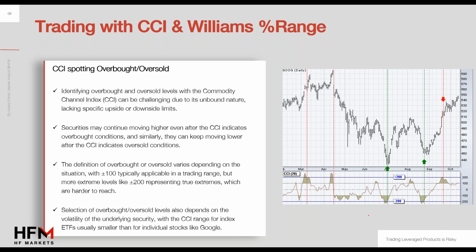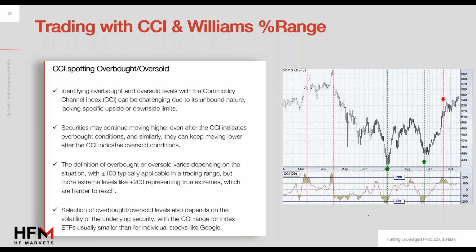Identifying overbought and oversold levels can be a bit tricky with CCI and any other momentum oscillator. It's not only CCI. Exactly because, as I mentioned earlier, the CCI is an unbounded oscillator. It has levels, it has a range, but it's unbounded. So theoretically, there are no upside or downside limits.